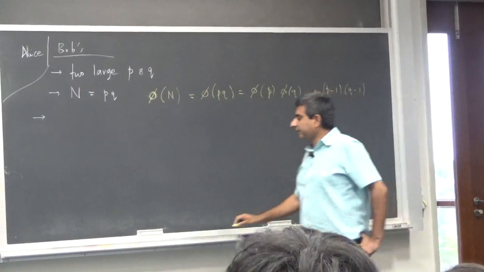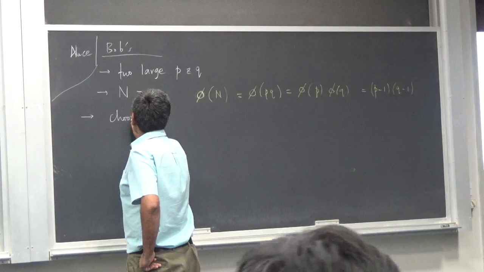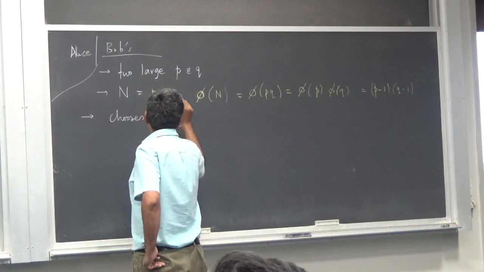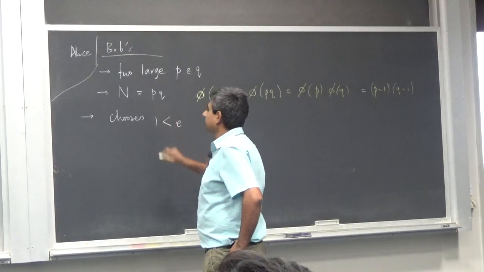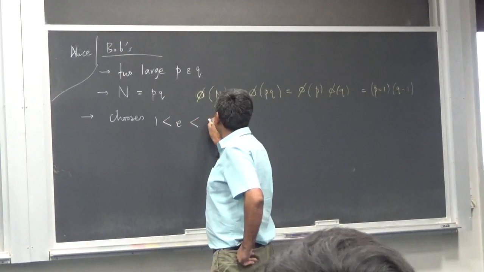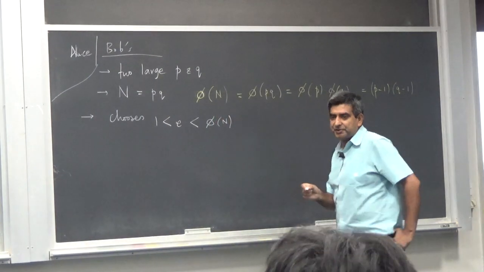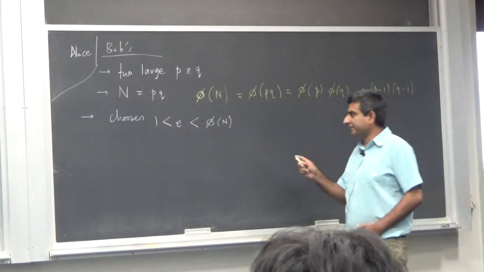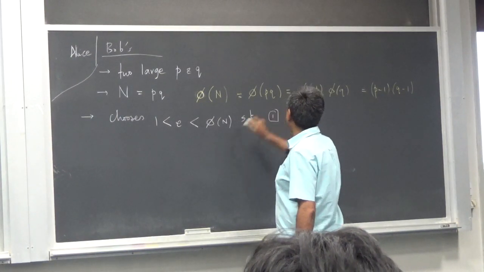Now Bob chooses an E greater than 1 and less than phi n, an integer E in this range, such that E has two properties.